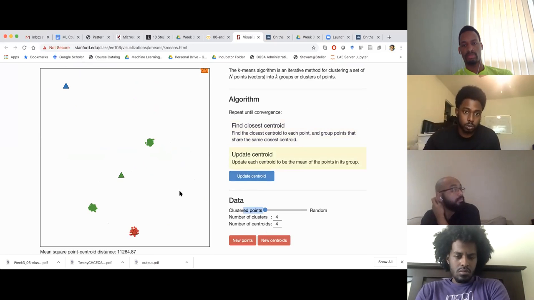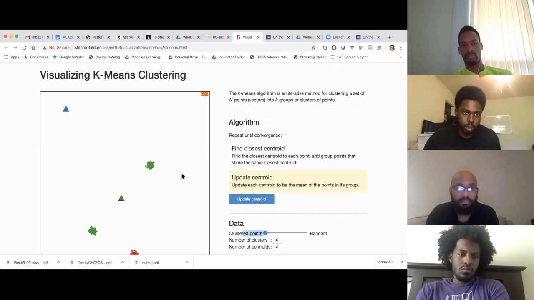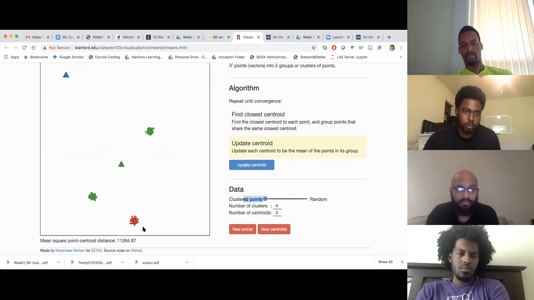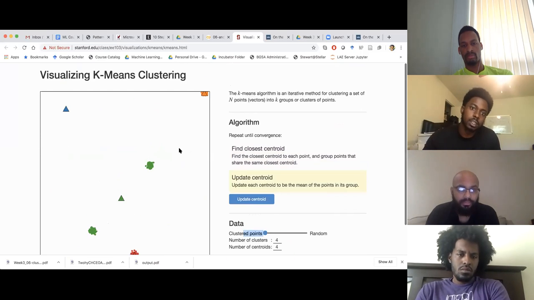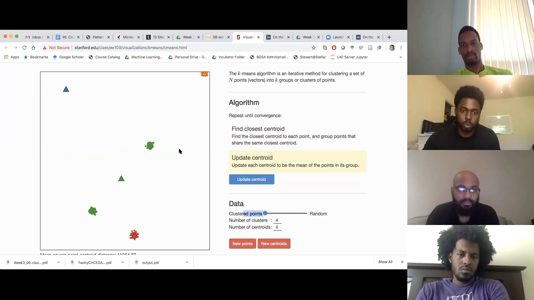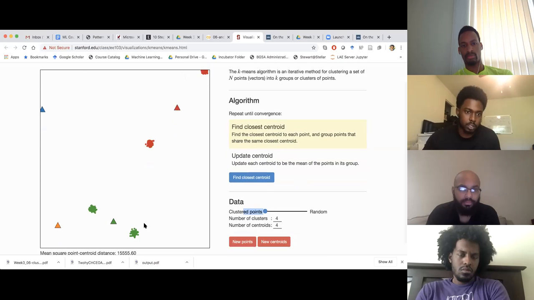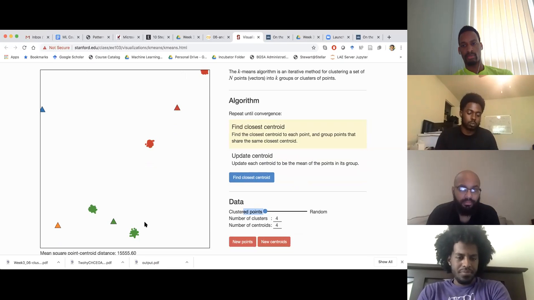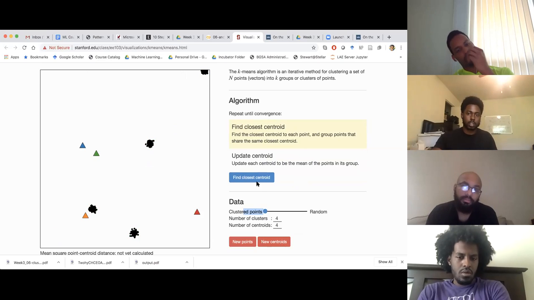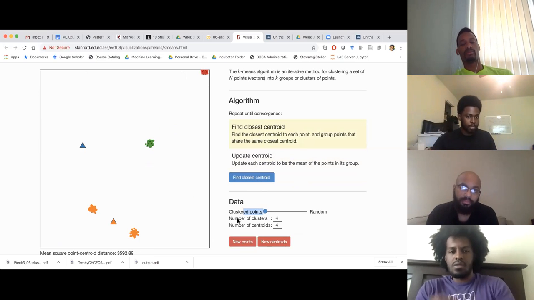We have 4 centroids, red, green, orange, and blue up in this corner. 4 clusters, but we've only assigned the clusters to 3 of the centroids. So I'm going to do new centroids. Okay, so now we've assigned 2. So I think this kind of disproves the no, right? Depending on where you put your centroids, you're going to get a different result. I see. Okay.